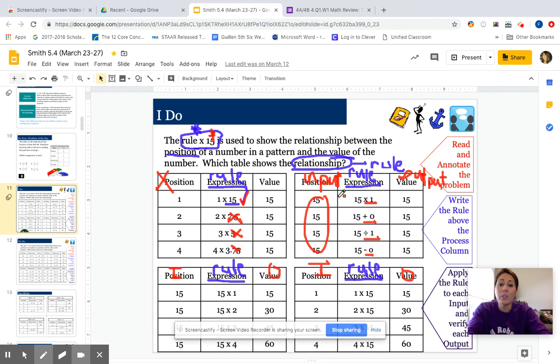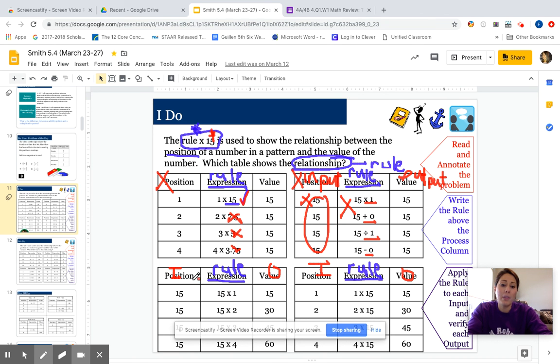So that's another reason this cannot be my answer, right? My position needs to change. My position can never, say it again with me, never, can never what? Can never be the same, all right? And the rule can never change. The rule must always be the same, and they're giving us the rule over here, times 15, so that can't be my answer.